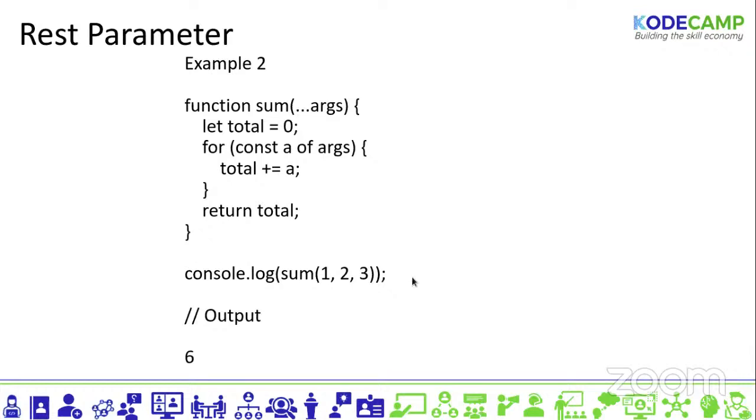Writing a function in which you have another value after what you've already used rest for is going to result in an error.